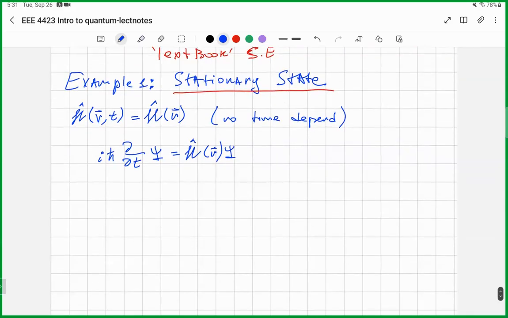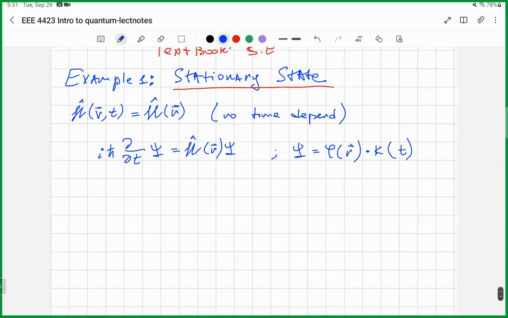Now this Hamiltonian doesn't depend on time, I mean, we assume that. And we can try to find the solution that is the product of two contributions, one from the spatial dependence on r, and the second one is dependence on time.